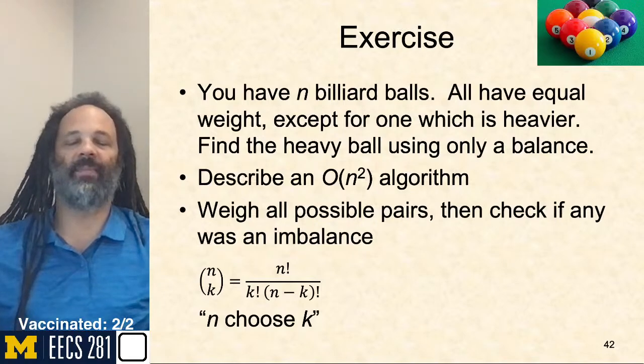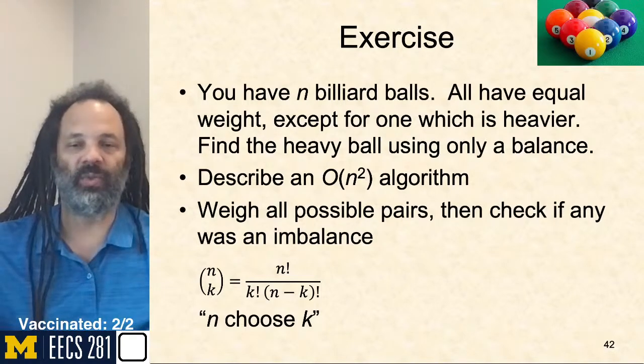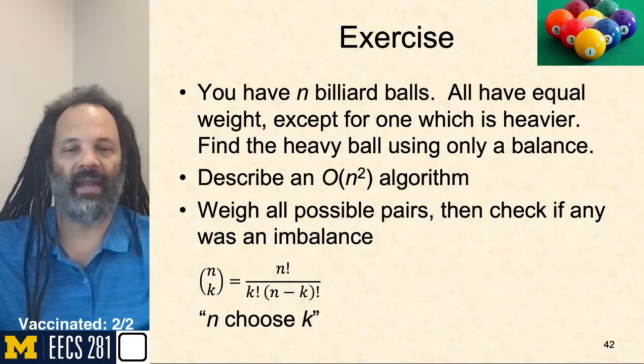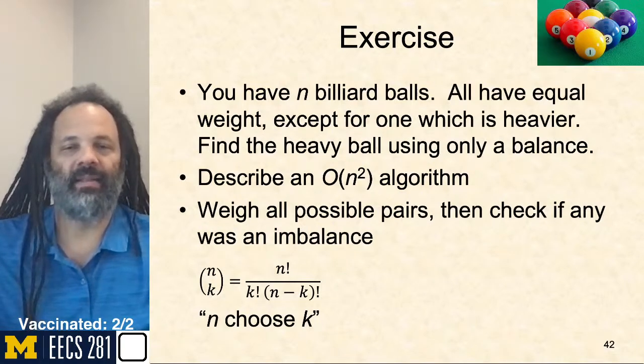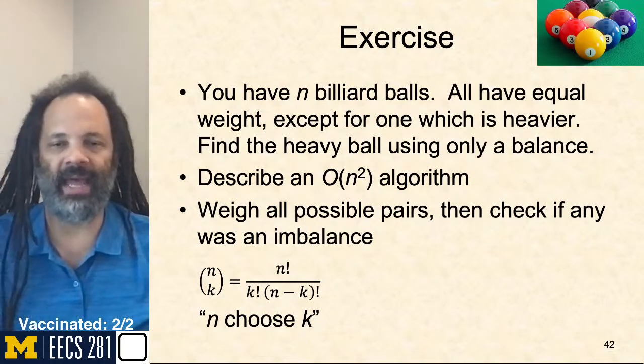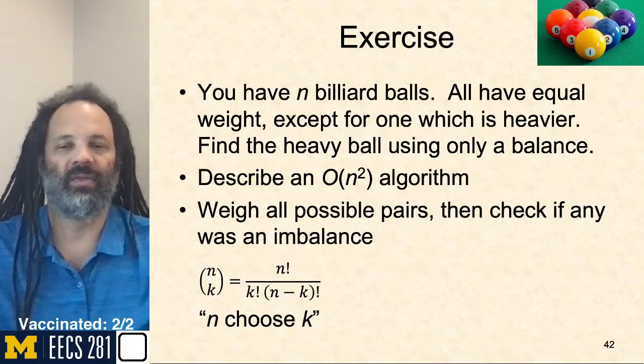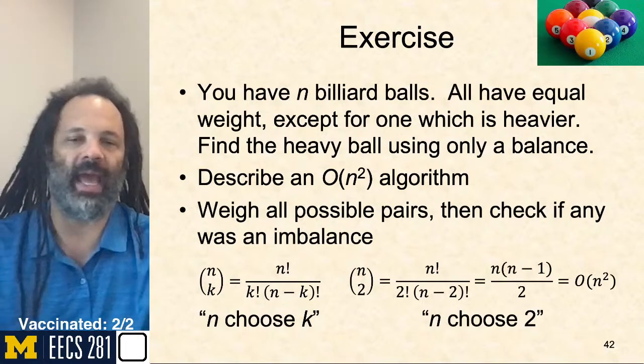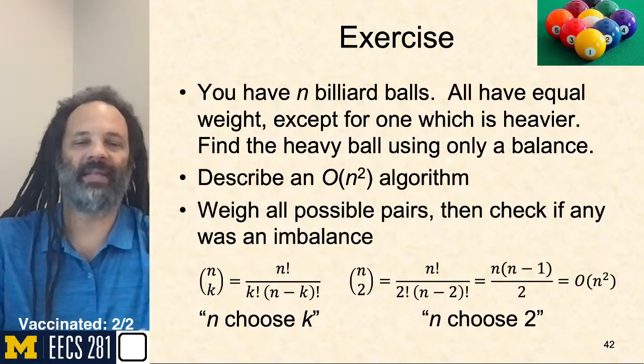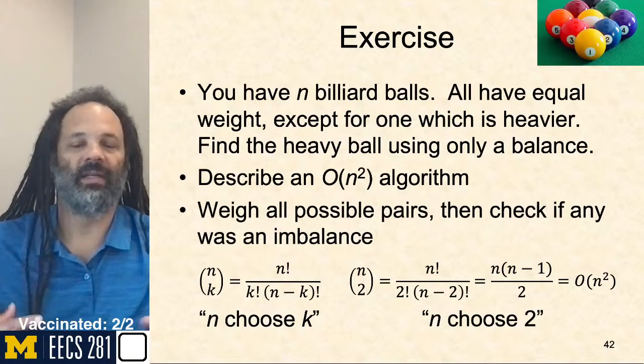And this is really an example of my n choose k, right? To figure out what that complexity class is. N choose k, I've got these n balls and I'm trying to look at them 2 at a time. So I end up with something that looks like n choose 2. That's how many times I'm going to be able to do this, or to be able to weigh this out.